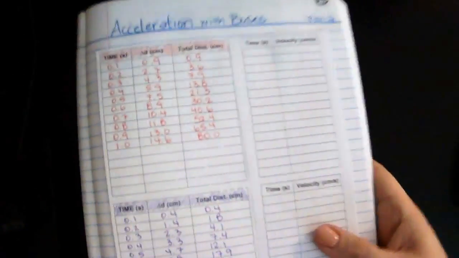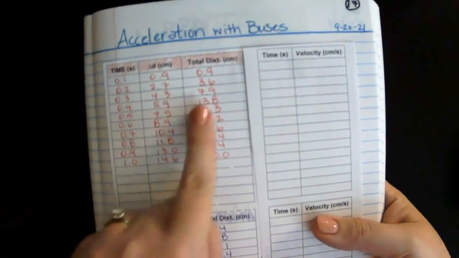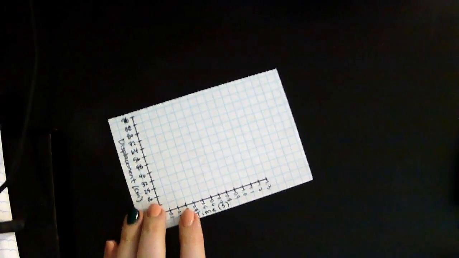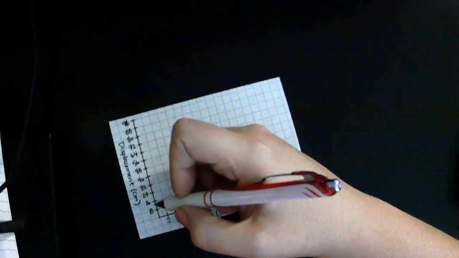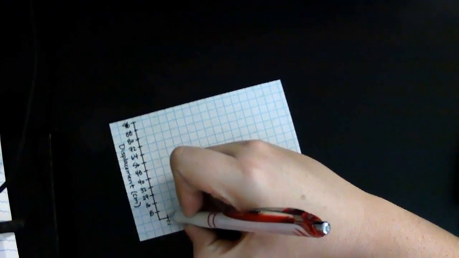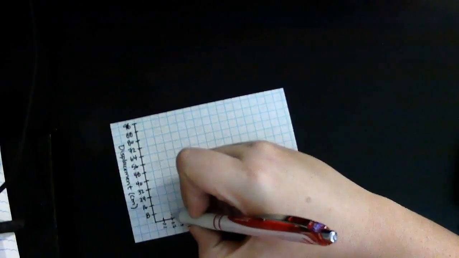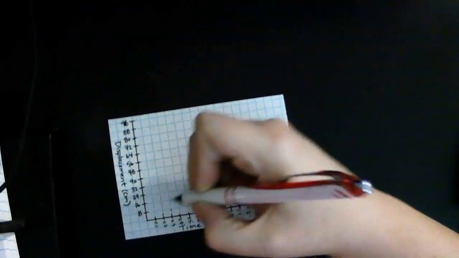So now when I plot my points, remember you're going to be doing time and total distance. Time and total distance. Ignore this middle column. We're not doing anything with it. It's literally just there to help give us our totals. So I'm just really quickly plotting my points here.